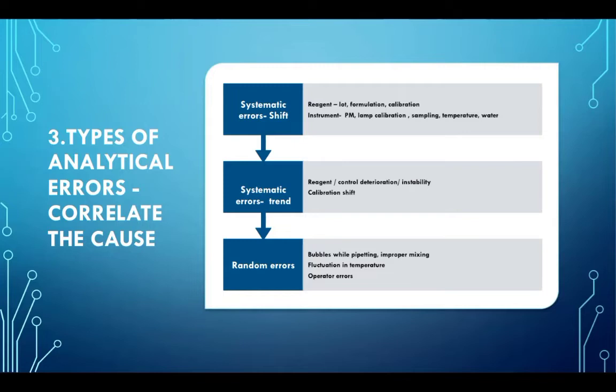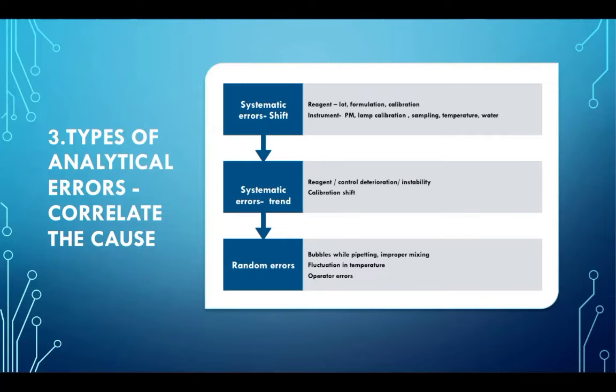If there is shift, suppose there is change in lot, you have reconstituted some new reagent, a new control material, or you have calibrated your machine, these may be the reason.